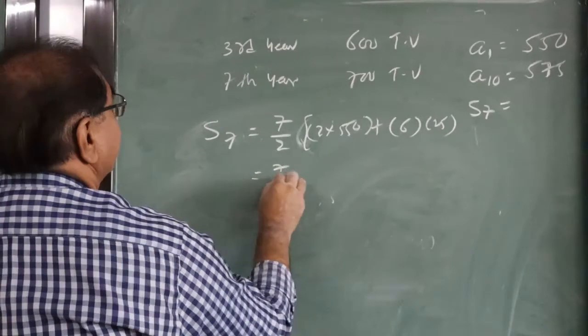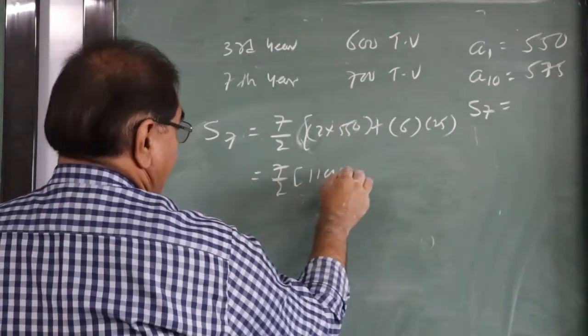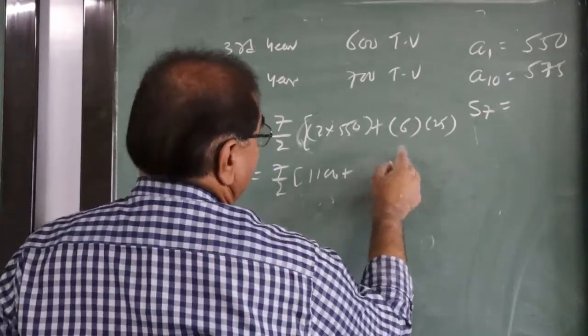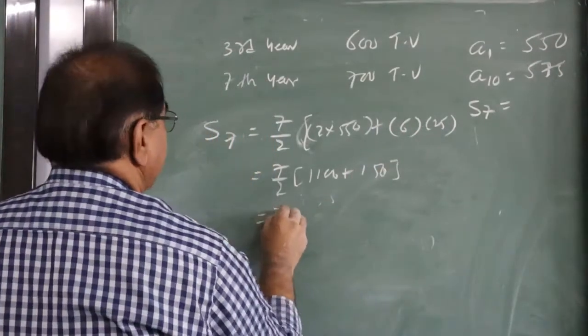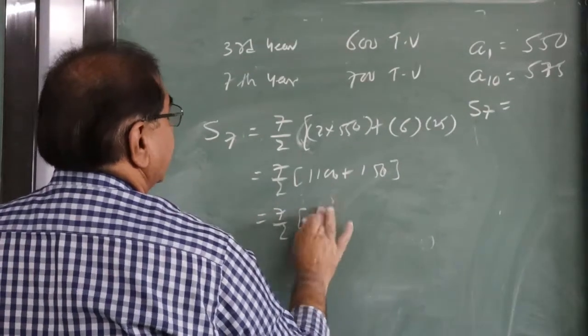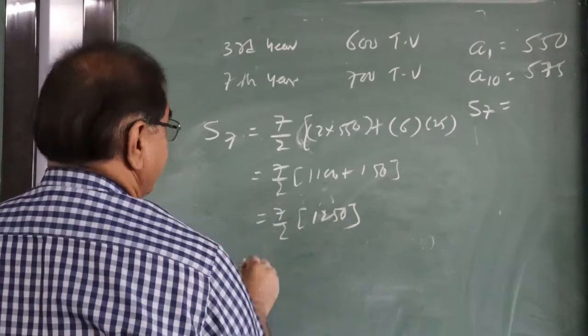So it is 7 by 2, 2 into 550 is 1100, plus 25 times 6 is 150. So it is 7 by 2 into bracket 1100 plus 150, so 1250.